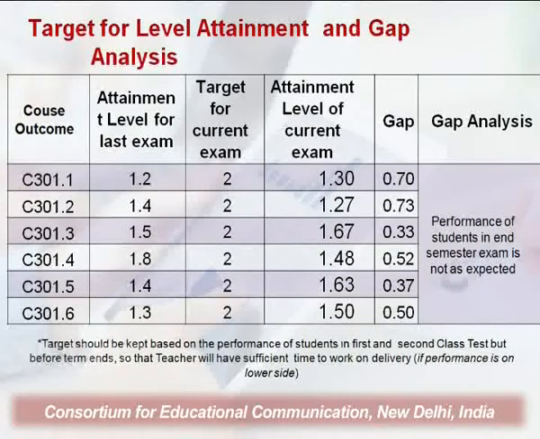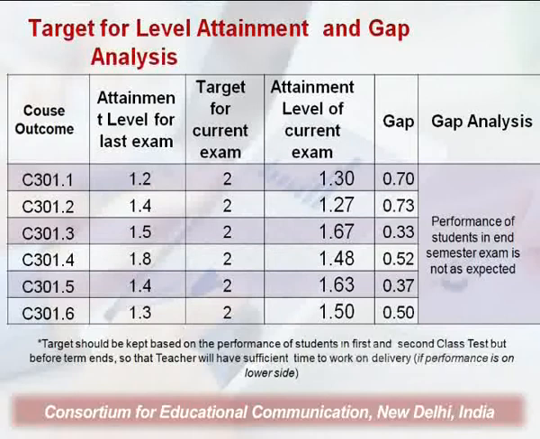If you see on the left hand side, we have a course outcome, then we have the attainment level for the last exam, the target level for the current exam, and the attainment level of the current exam, and we find out the gap, seeing the difference between the two, and of course, we do the gap analysis to work towards the desired direction. So, the attainment level for the last year is 1.2, then the target is 2, the attainment level of the current should be 1.3 and the gap is 0.70.